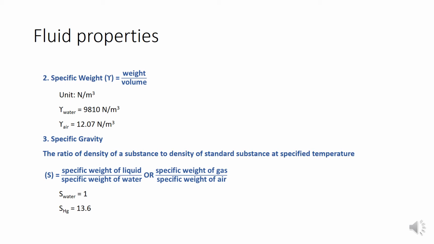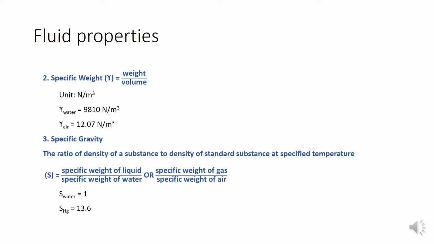In the case of liquids, the standard is water at 20 degrees Celsius, and for gaseous form, air is taken as the standard substance. So in the case of liquids, specific gravity is the ratio between the specific weight of the liquid and the specific weight of water, but for the gaseous form, it is the ratio between the specific weight of the gas and the specific weight of air.